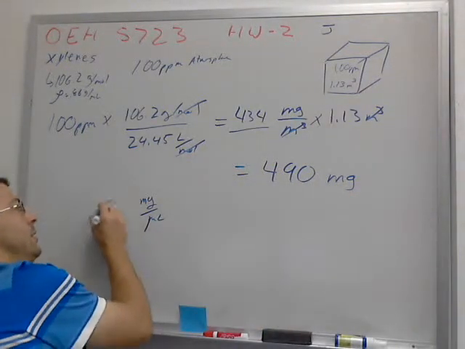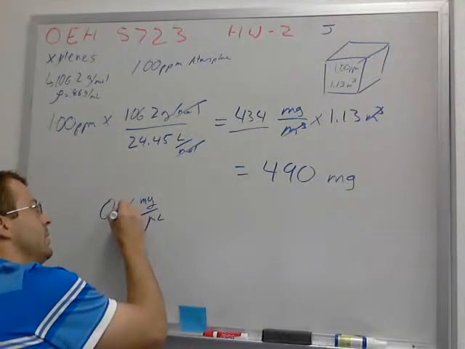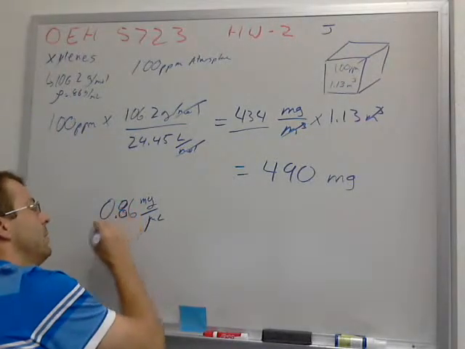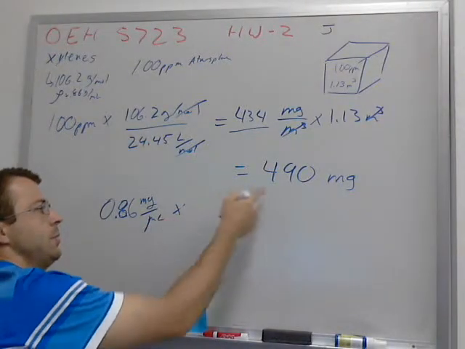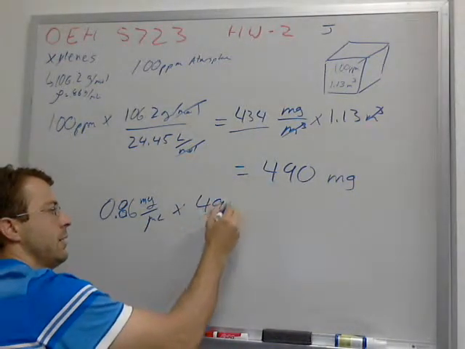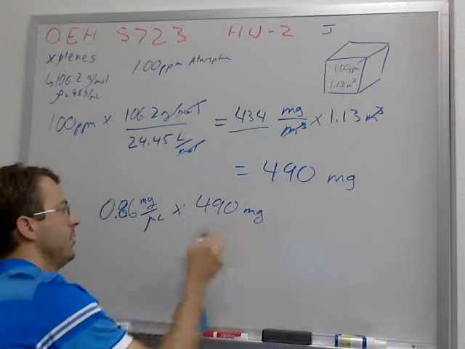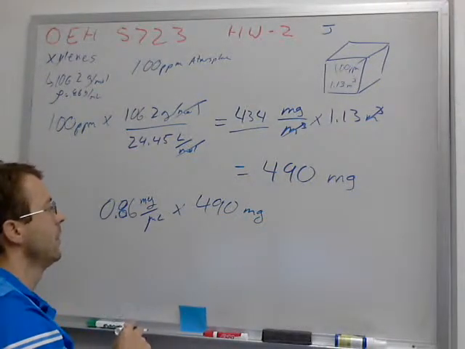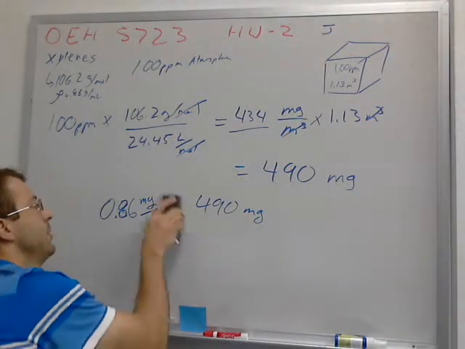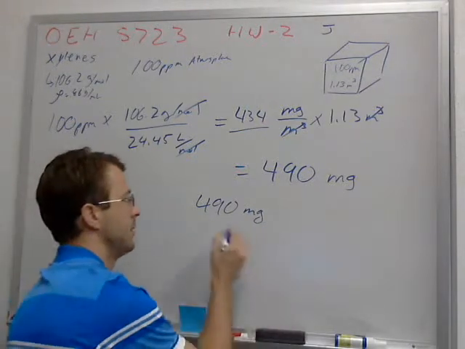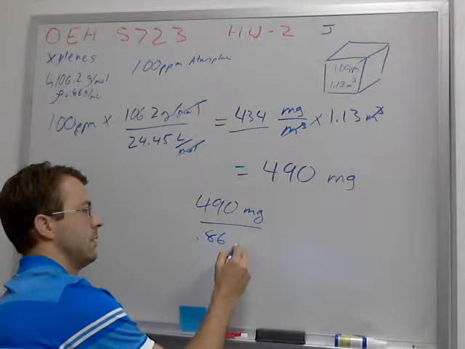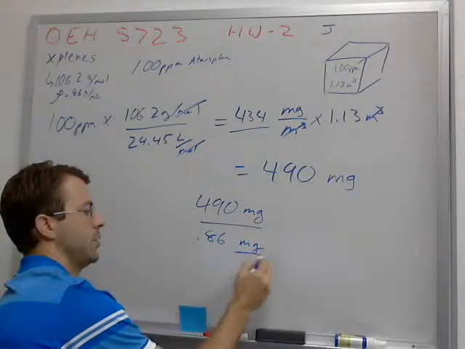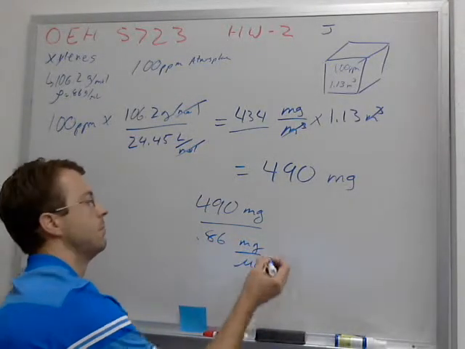So we have 0.86 milligrams per microliter multiplied by 490 milligrams. And that doesn't do us right. We've got to divide by our density, divided by 0.86 milligrams per microliter.